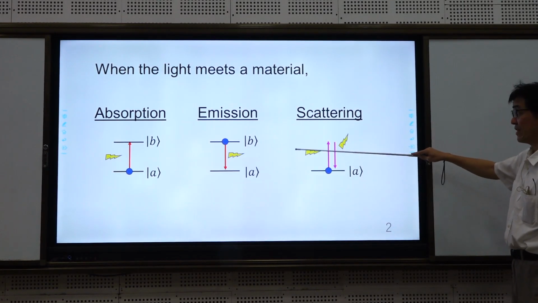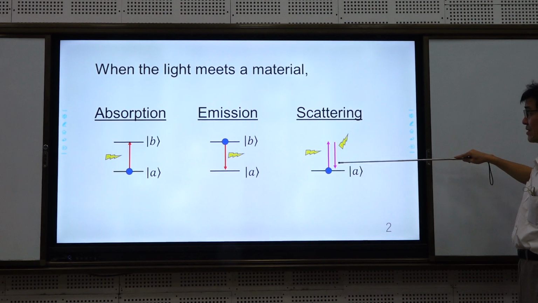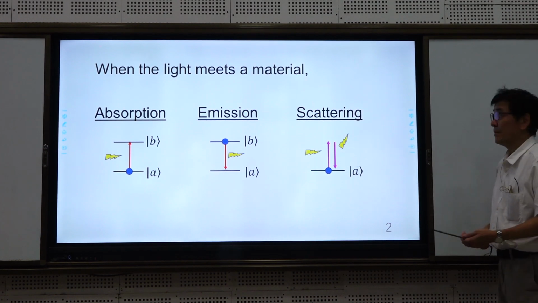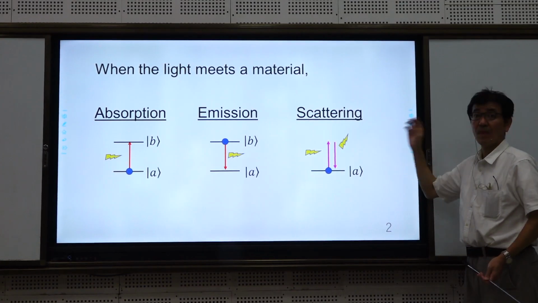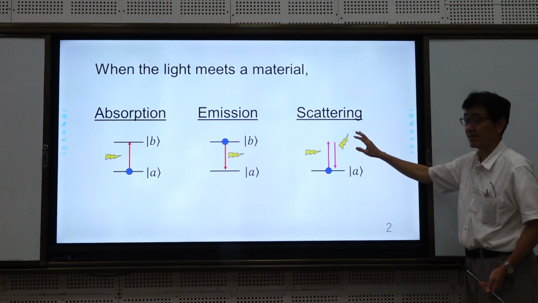And when we irradiate the light, sometimes a process occurs where the direction of the light changes. This is Rayleigh scattering. When the wavelength changes, this is Raman scattering.